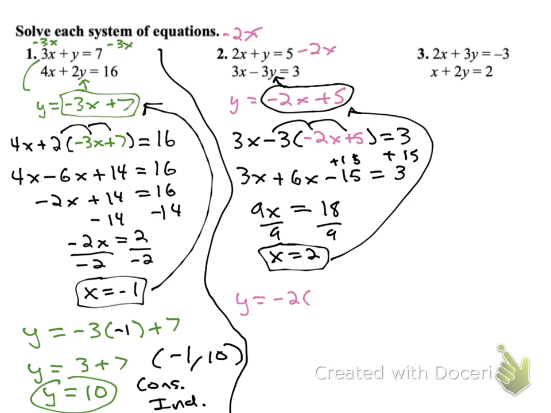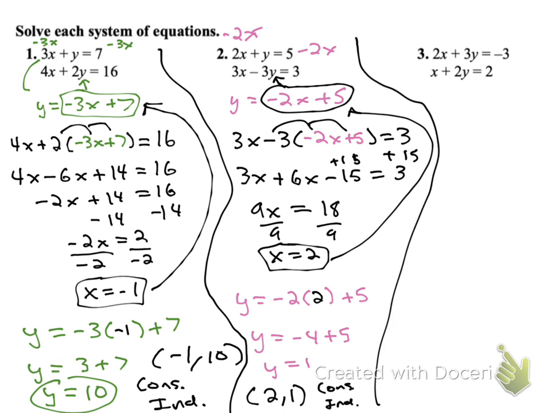So that'll give me y equals negative 2 times 2 plus 5, which gives me y equals 1. So that answer would be 2, 1, consistent, independent.